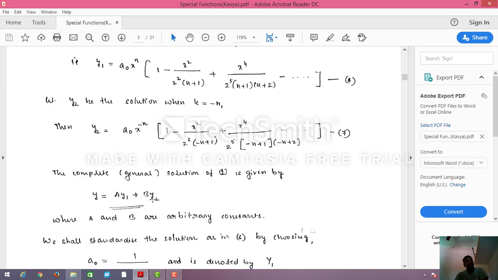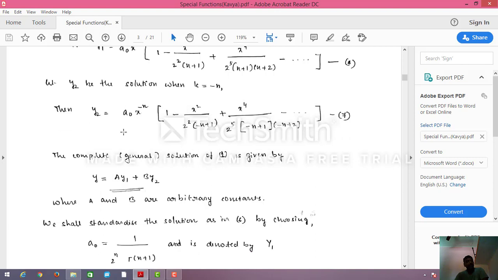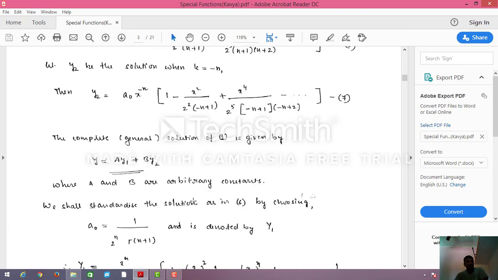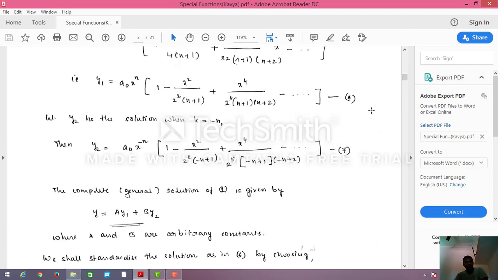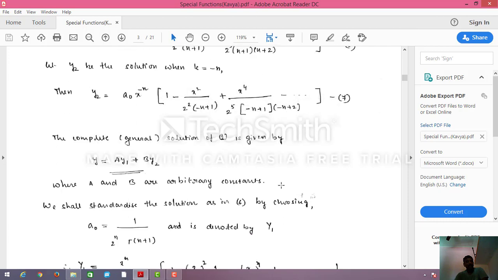We already know y1, and y2 we will substitute, but we will write it in standardized form. Here a, b are arbitrary constants. We shall standardize the solution as equation 6, and then I will write it similarly for minus n.